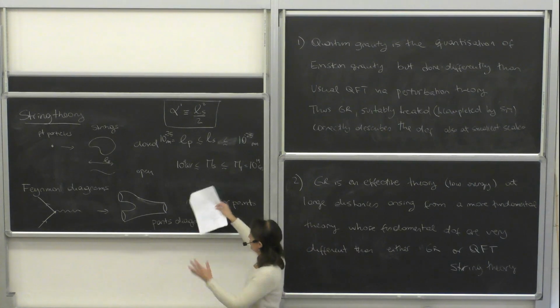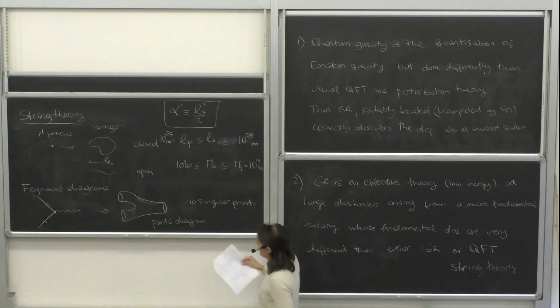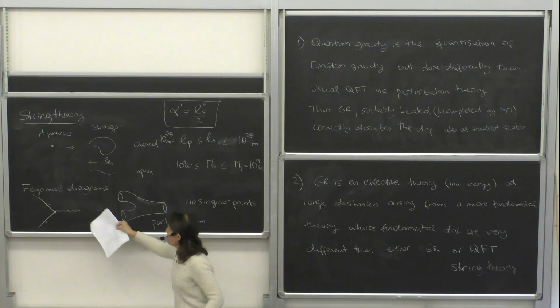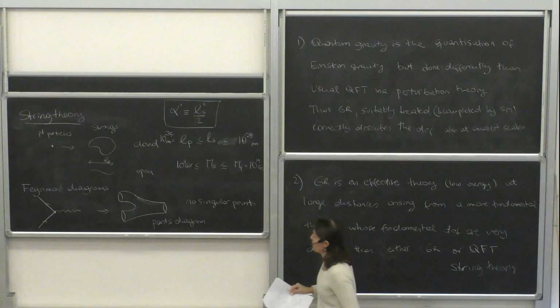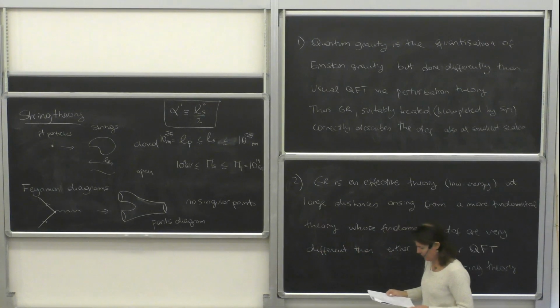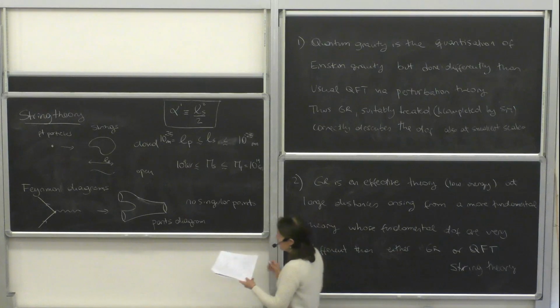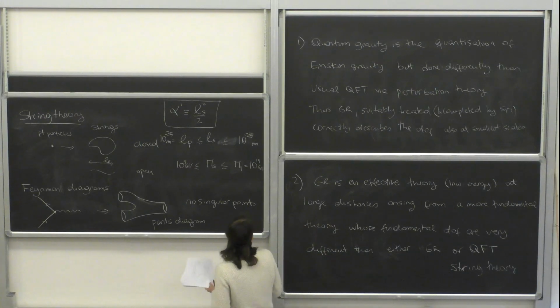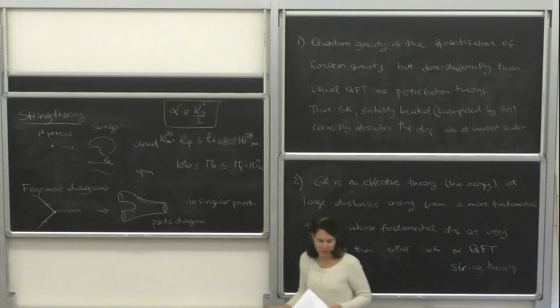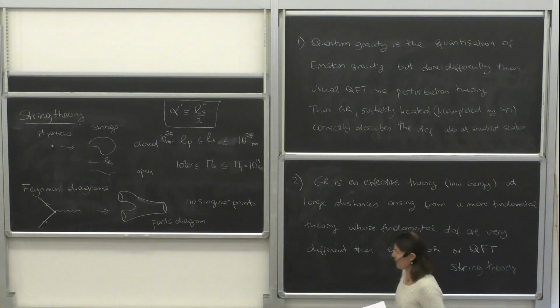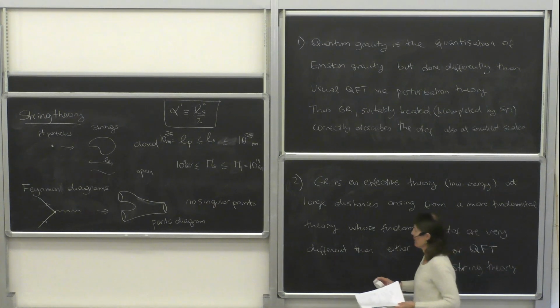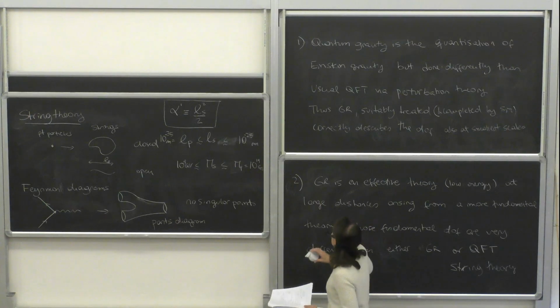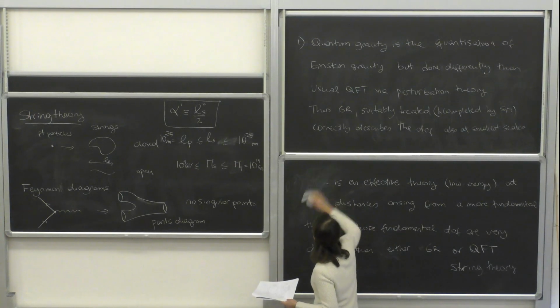If you put two strings, this going to two strings, and there will be another singular point, and here there is no. So all these diagrams are finite. They are harder to compute, but you don't have to do any renormalization to get a finite result.